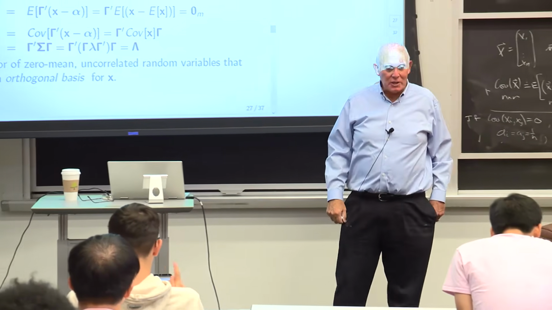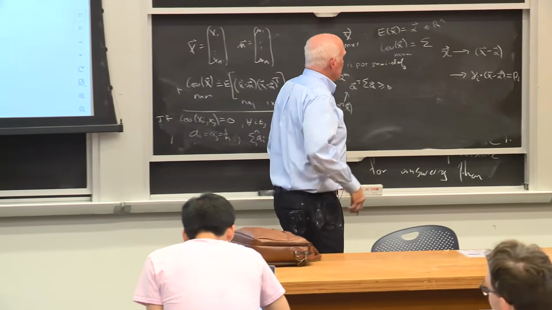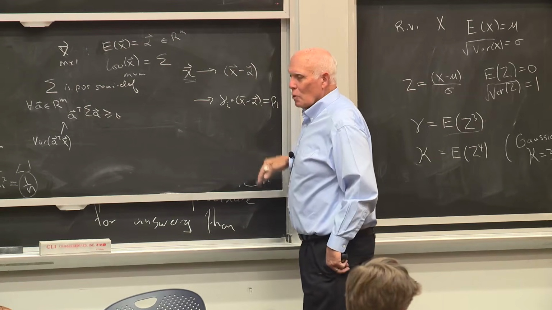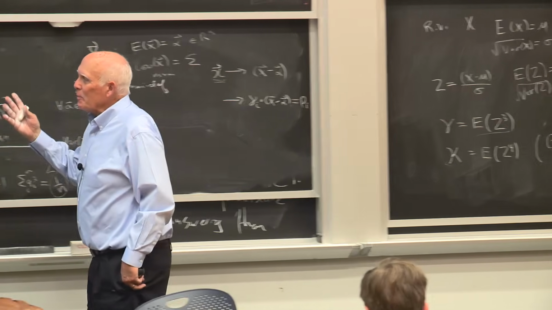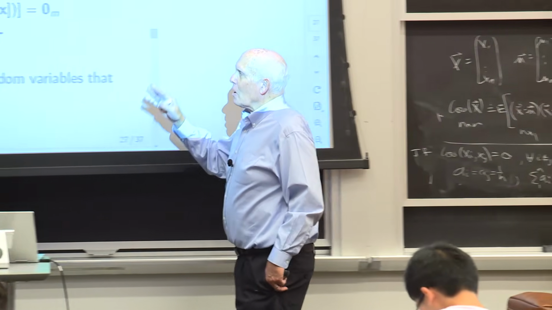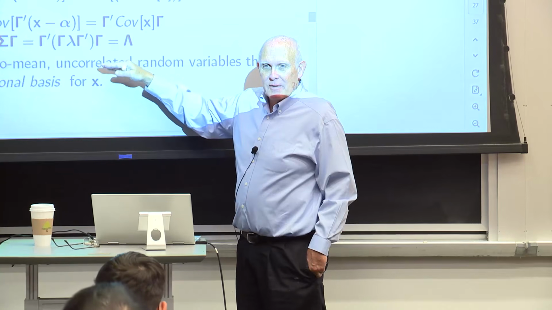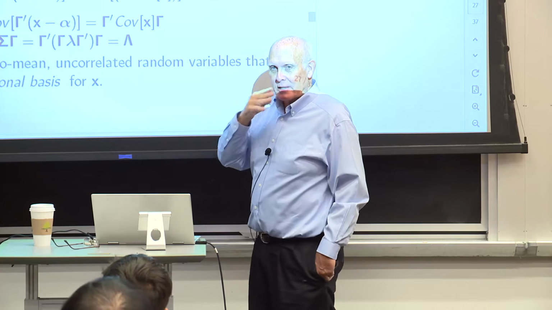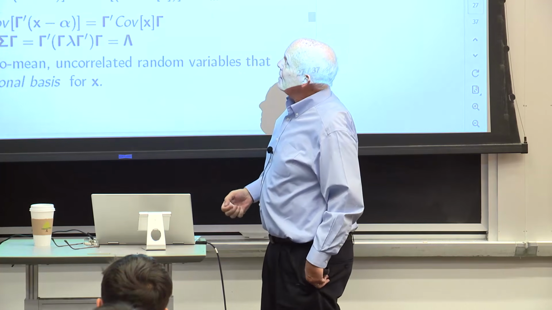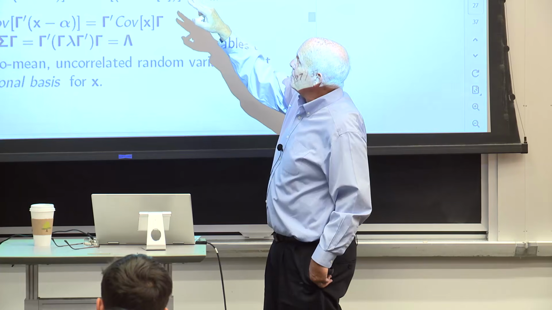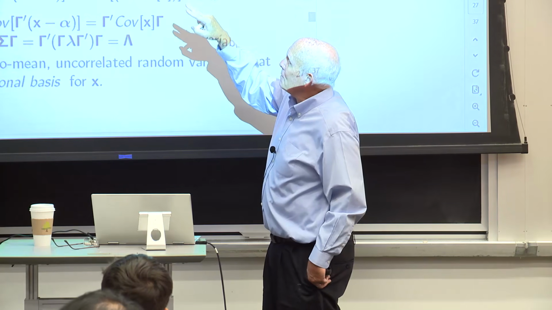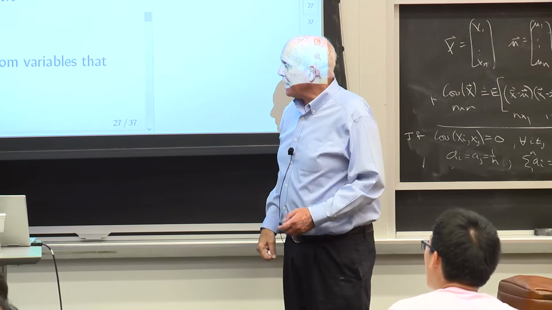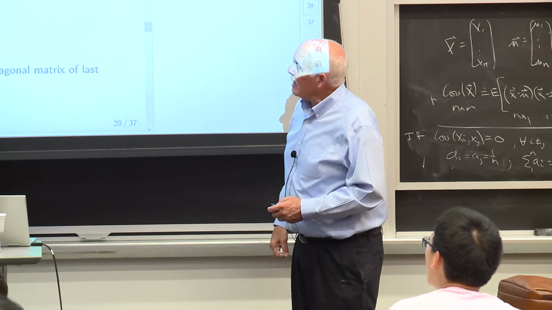So we basically have transformed our original x vector into new coordinates which have mean 0, are uncorrelated with each other, and have variability that decreases with i if we order the eigenvalues from lambda 1 to lambda m. So we have an orthogonal basis for our data in this case.